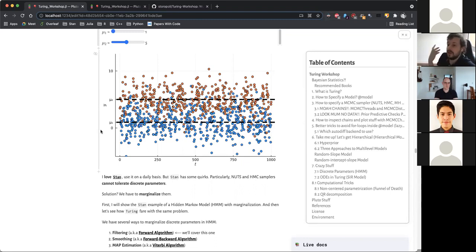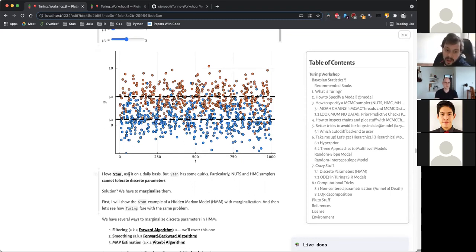Everything has to add to the gradient and to guide the Metropolis-Hastings proposals in the HMC algorithm and sampler. And I love Stan. I use it on a daily basis almost. And NUTS and HMC samplers cannot tolerate discrete parameters. So this is a problem.